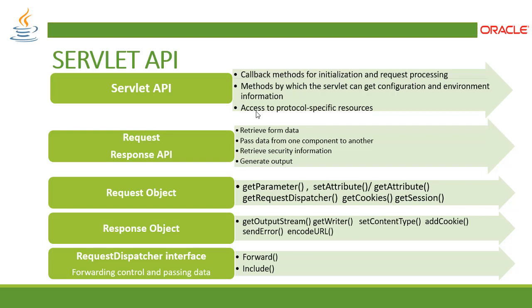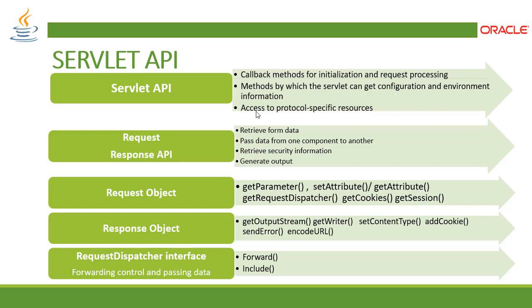So I just want to communicate with you what it has when it comes to the forward and include kind of process. Like you are forwarding control from one servlet to another servlet or another HTML or any other form of thread.